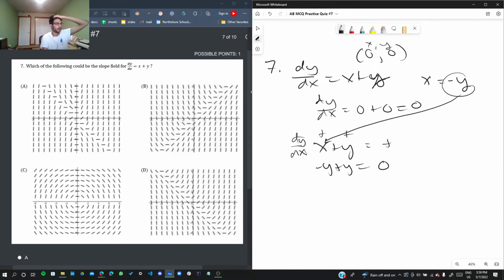So whenever you have points like (1, -1) or (-1, 1), in the second or fourth quadrant, they would have a slope of 0. Over here we see, let's say, (2, -2) for b, there's no slope of 0, so it can't be b. So we're left with a and d.